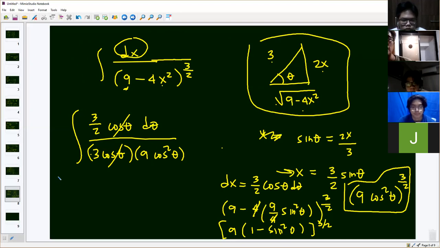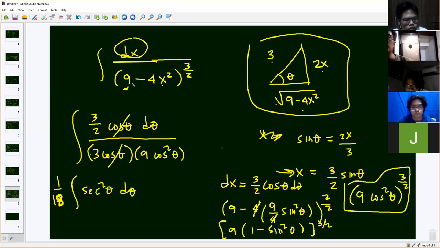So, 1 half outside. May 9 pa pala. May 9 pa. So, 1 over 18. Tama ba? So, 1 over 18 and then cos squared is what? Secant squared theta d theta.